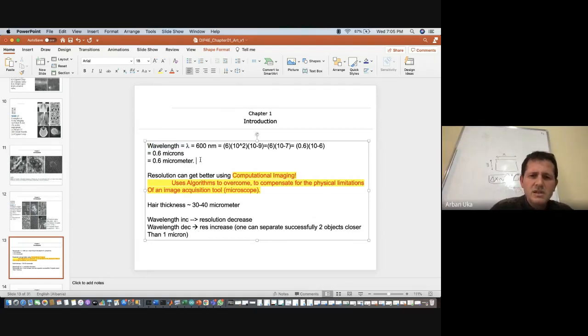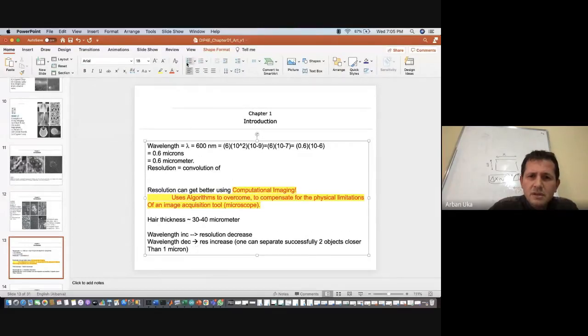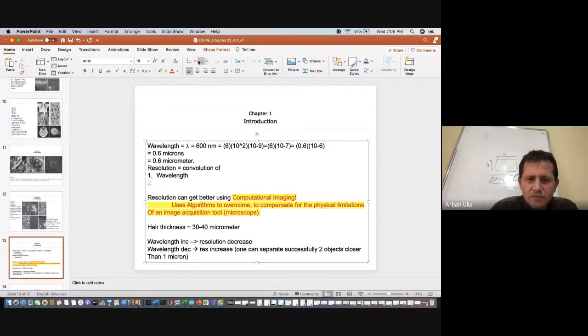There are many aspects actually. Probably I can list a couple of those. The resolution is a convolution of several aspects. Wavelength, that's the first one.